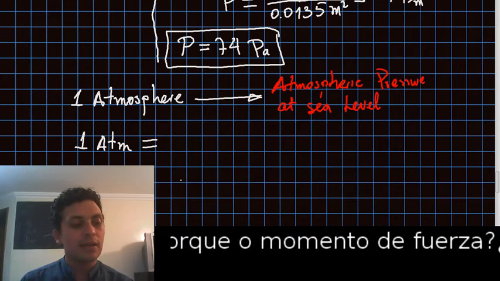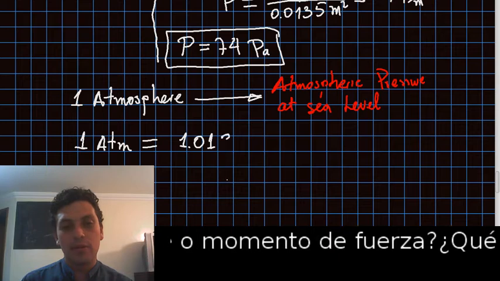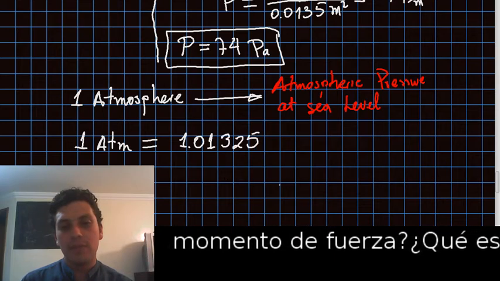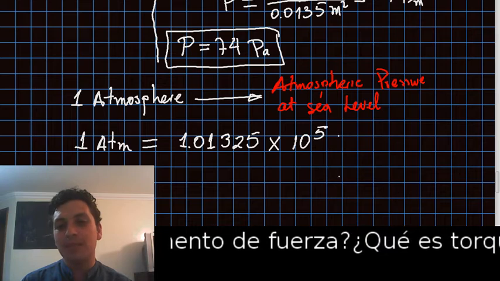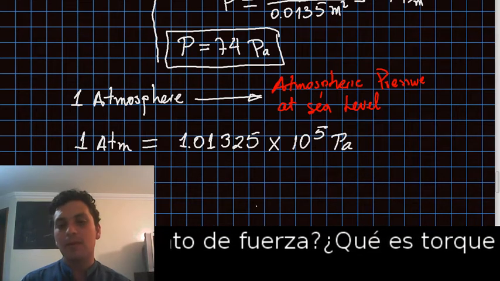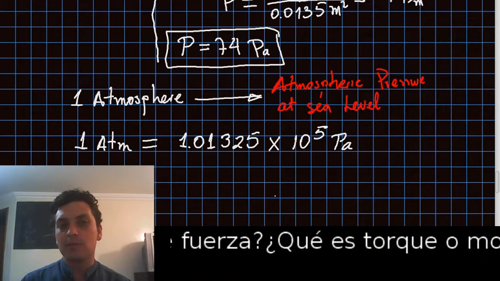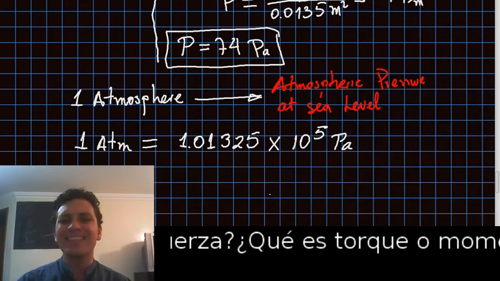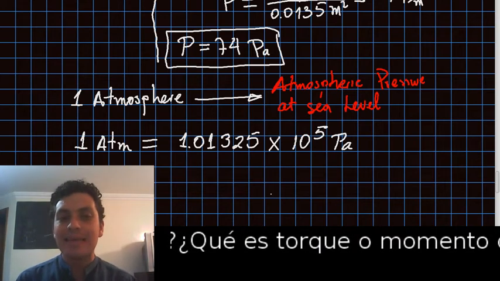is 1.01325 times 10 to the 5th power pascals. Okay, so let's say I'm not going to talk about pascals, I want to talk about kilopascals.